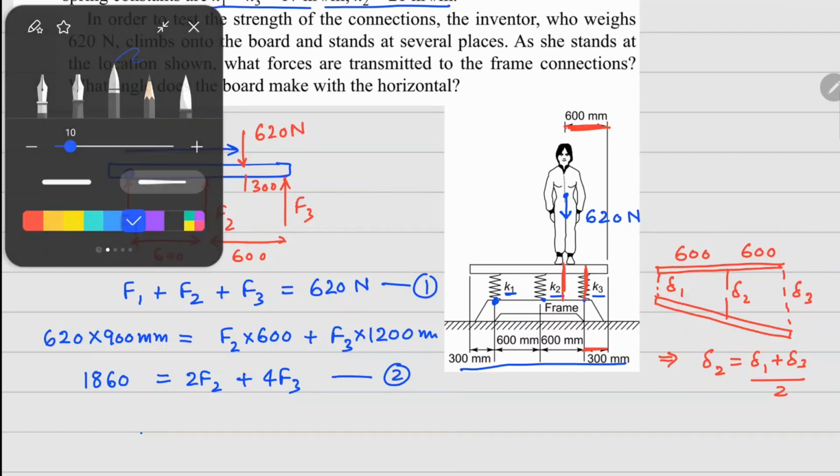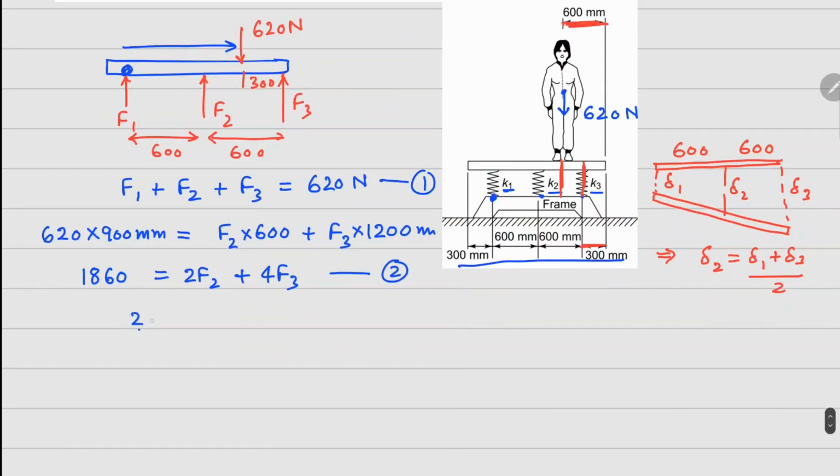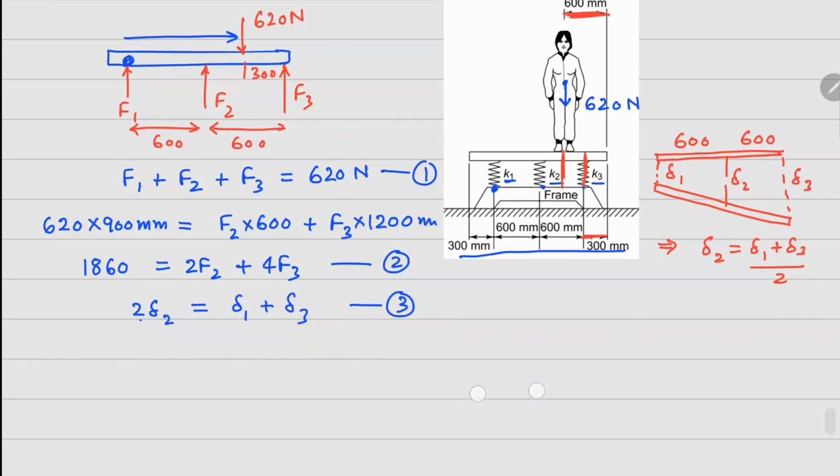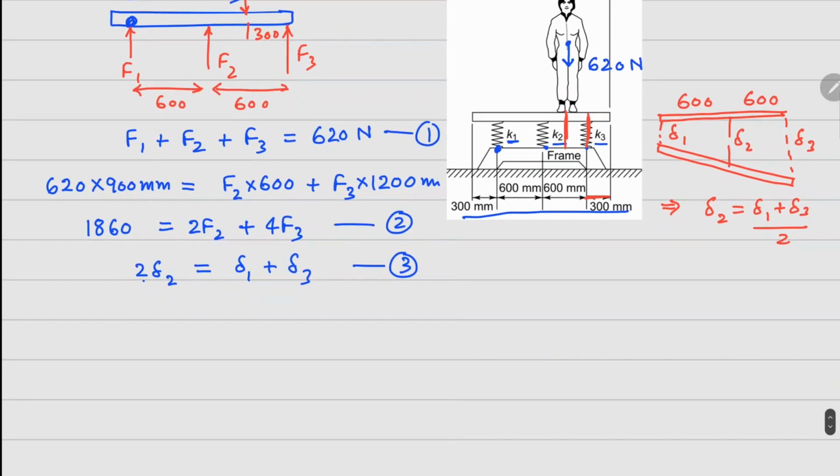So the third equation that we get here will be 2 times delta 2 equals delta 1 plus delta 3. Now I can substitute the value of delta in terms of forces. So 2 times F2 divided by K2 equals F1 by K1 plus F3 by K3.